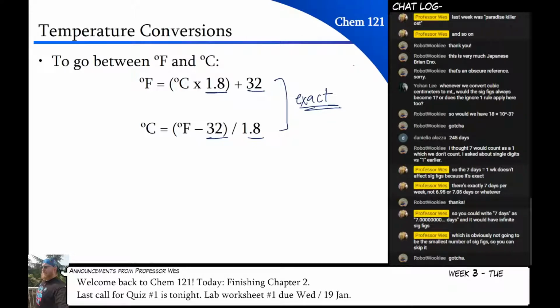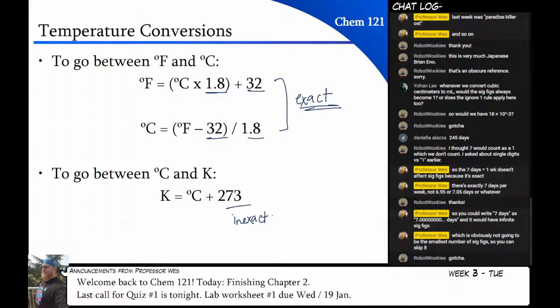When we do Celsius and Kelvin, though, this is inexact. And depending on the process that you are doing, you may or may not need this many sig figs. If you need more, this does keep going. There are other numbers that come after this.